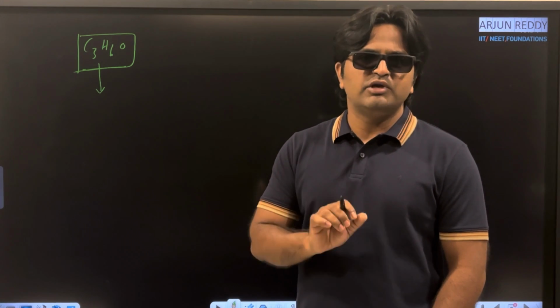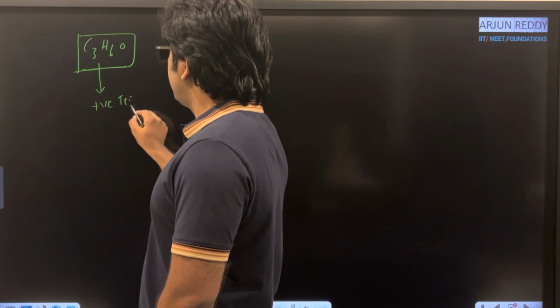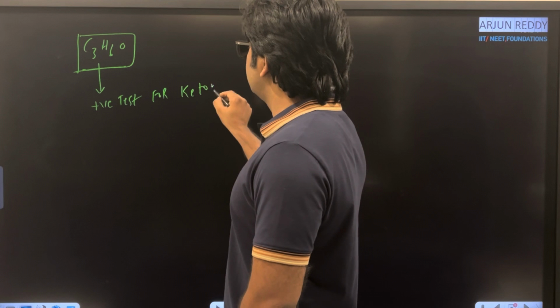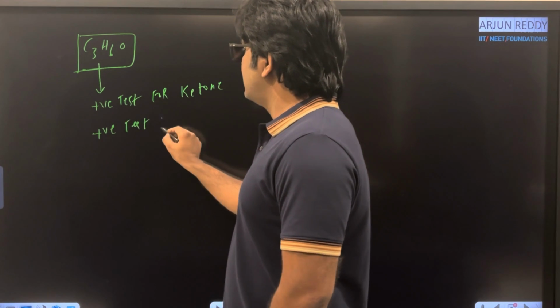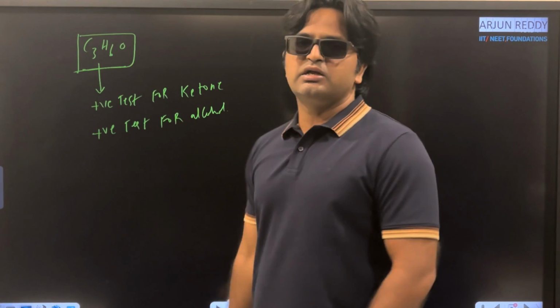Just go for chemical tests. Now this molecule gives a positive test for ketone, and it also gives a positive test for alcohol. So the way of approach is very important in the case of tautomerism, right?